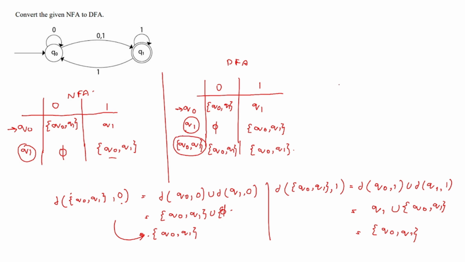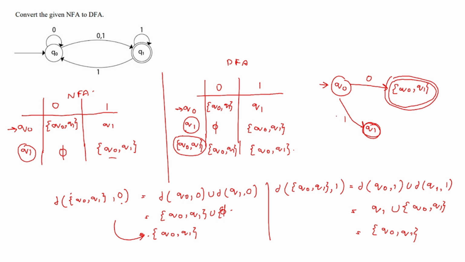Let's draw the diagram for it. Q0 is our initial state, and Q0 when applied with 0 goes to Q0, Q1, which is also one of our final states. Q0 when applied with 1 goes to Q1, which is also our final state.